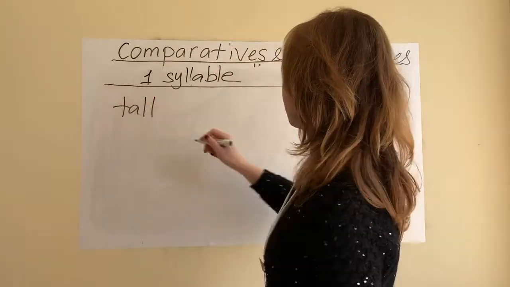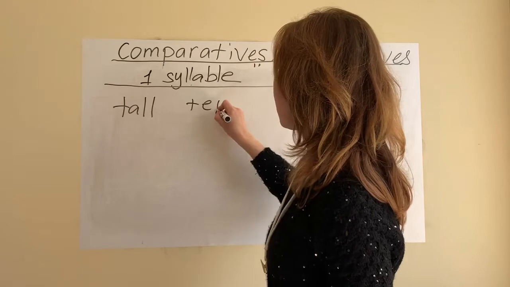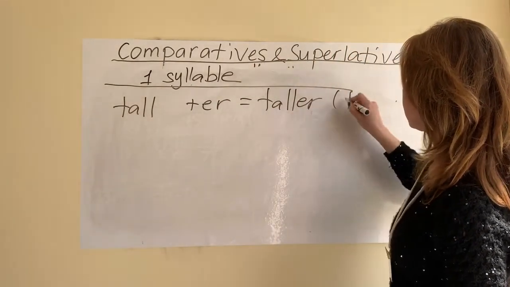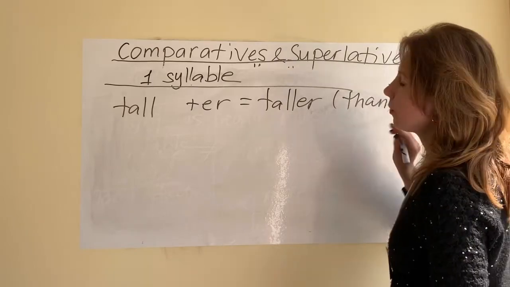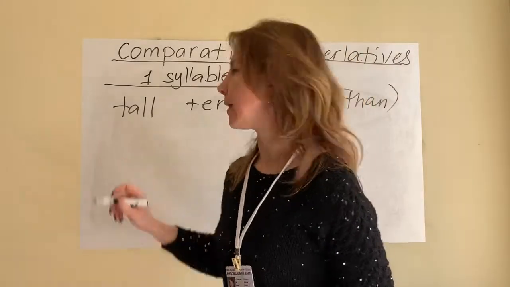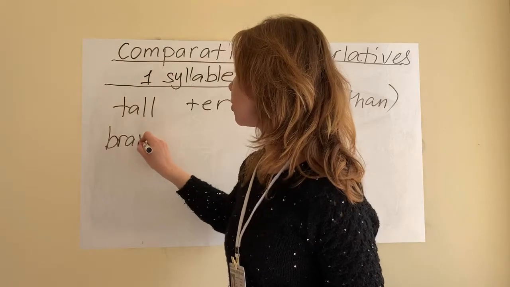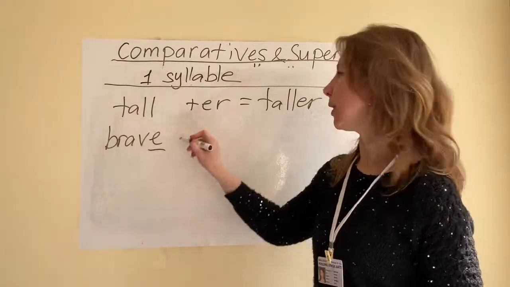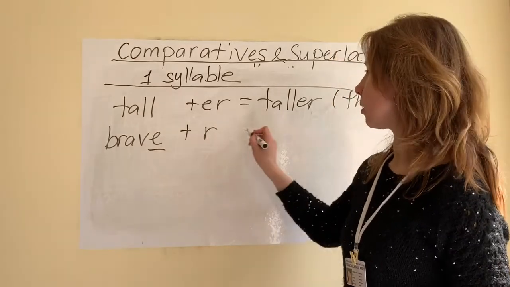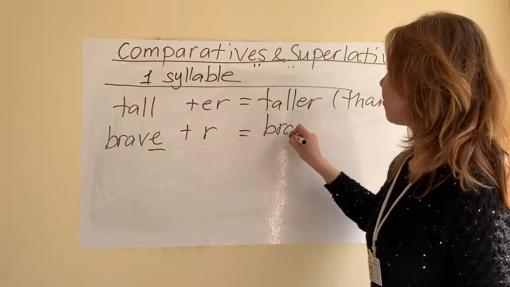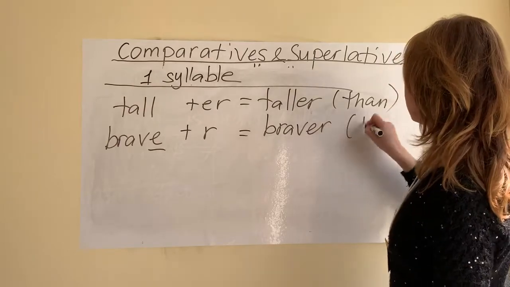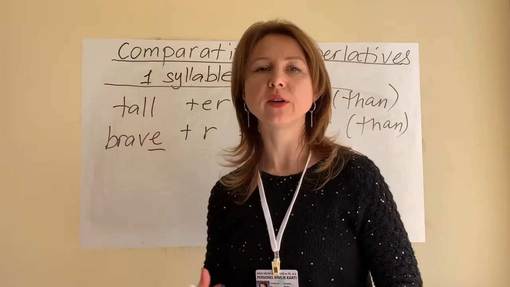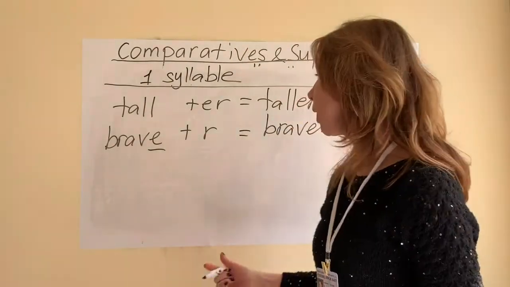So what we have here, we use the ER ending and we have taller, taller than. If the last letter is E, like in the word brave, it's also a one syllable word, but the last letter is E, so we add only R. So we have braver, braver than. A lion is braver than a rabbit.